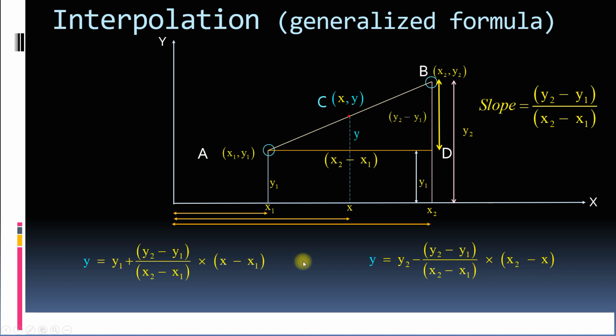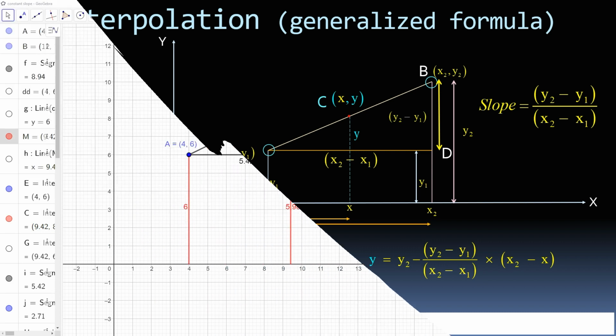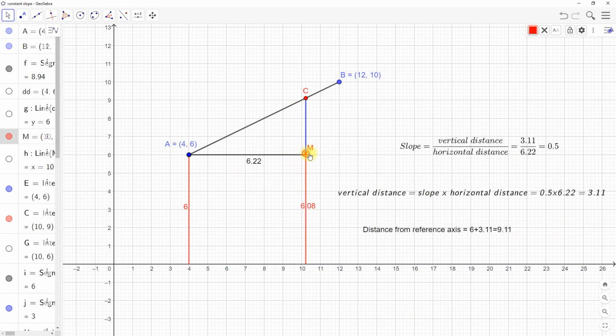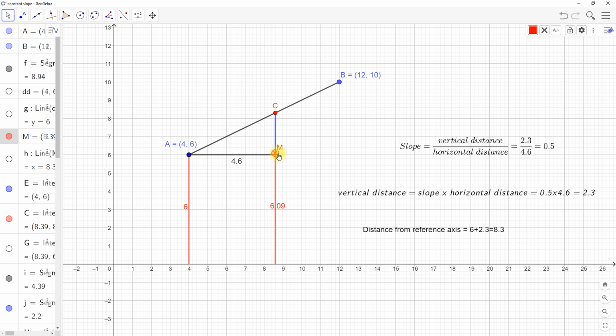To develop this formula intuitively, we will again take the help of GeoGebra. We have two known points here, A (4, 6) and B (12, 10), and one unknown point C, whose location we can shuffle around like this. We can rewrite the slope formula as vertical distance is equal to slope into horizontal distance.